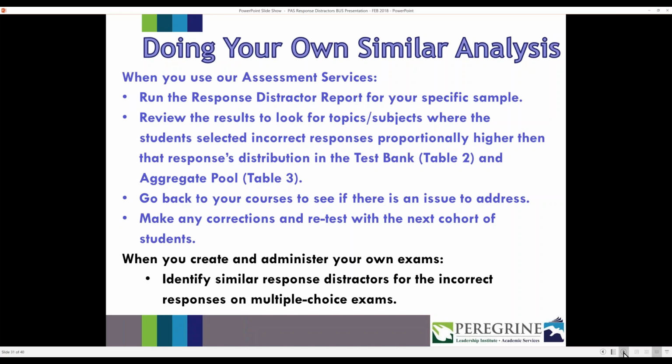Again, based on good sample data, good on the established trend. And then you make any corrections. So once you make a correction with the next testing sample or cohort of students, you will be able to see the changes that you've made, the corrections you've taken. Did they have the intended impact?